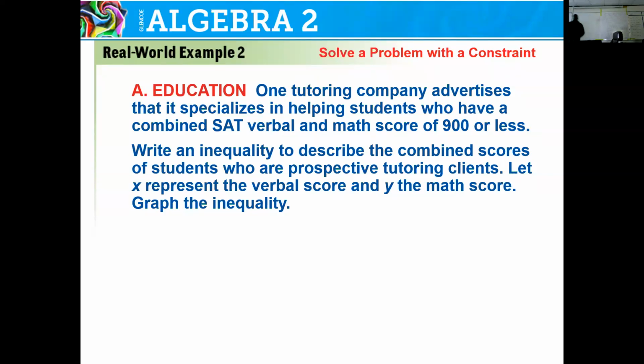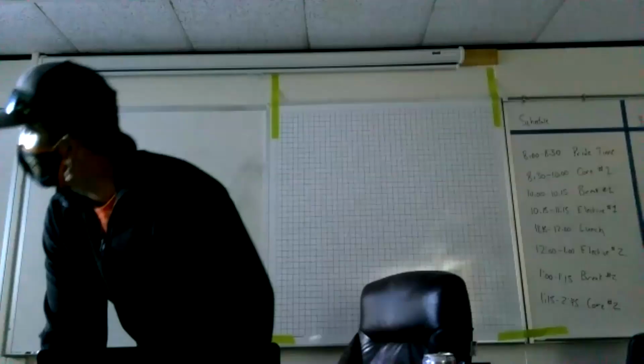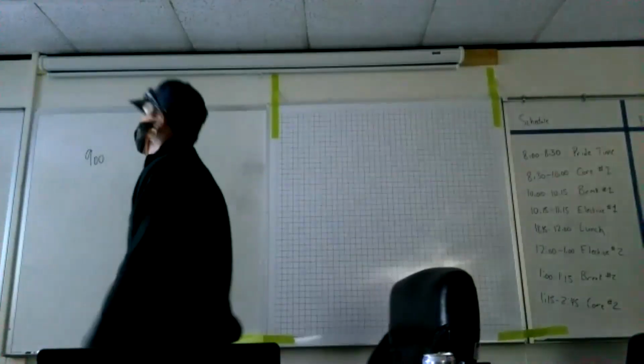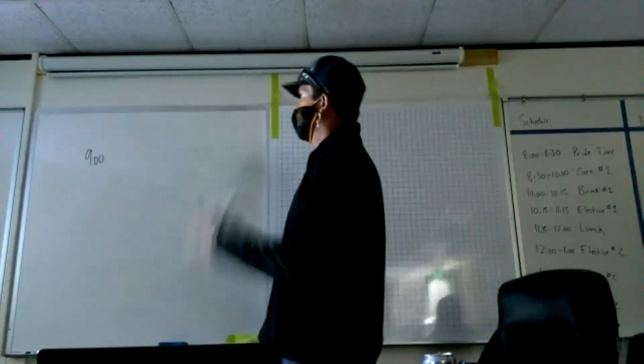So they give us our whole as 900, and they give us X plus Y. We're looking for areas where students are beneath that.